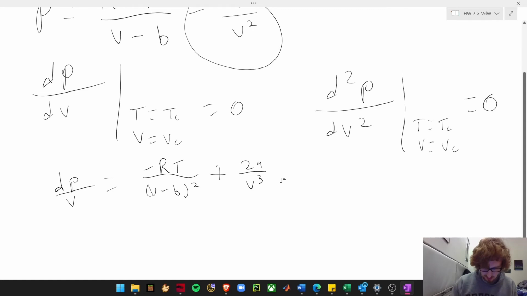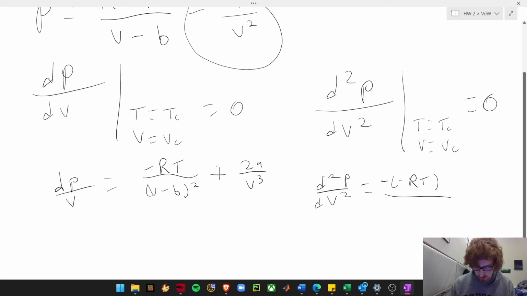And then our second derivative of pressure with respect to volume, sorry, I wrote that weird, is going to be, we're just going to go through the same thing. These two negatives are going to cancel out. I'll just go ahead and write it out so we can see it.